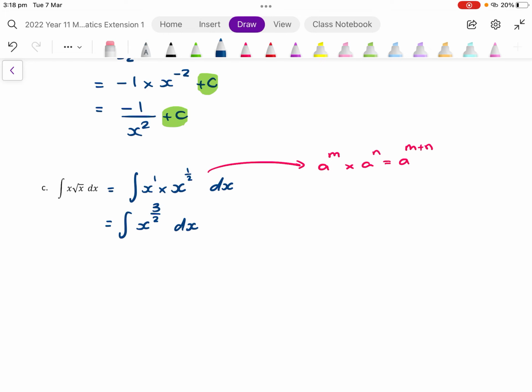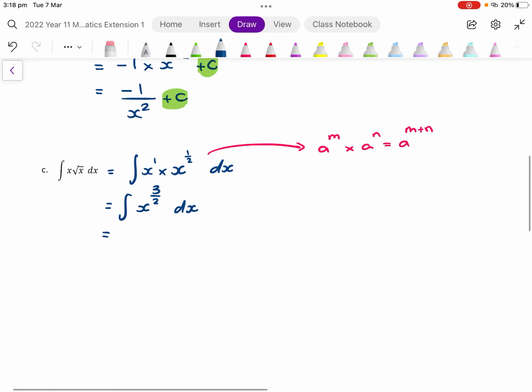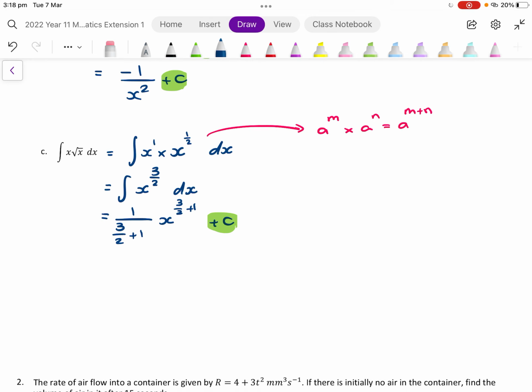We can now find the integral of this by going 1 over our n of 3 over 2 plus 1, x to the power of 3 over 2 plus 1, and do not forget to plus your c on here. So then we'll have 1 over 5 over 2, x to the power of 5 over 2, plus c.